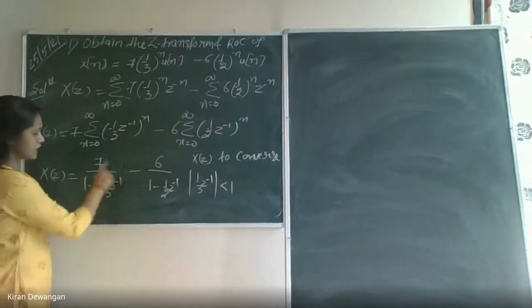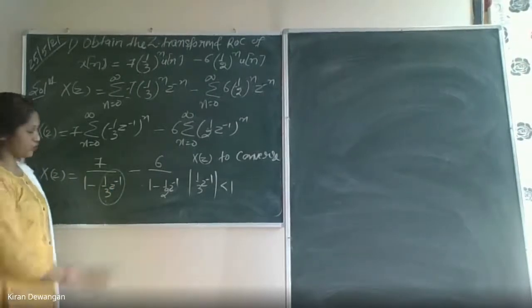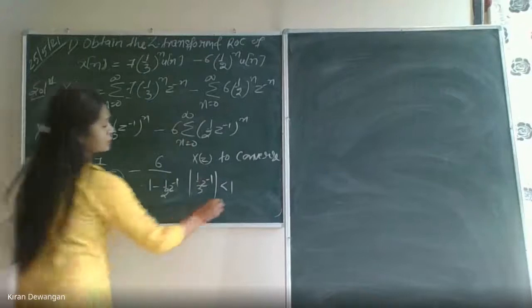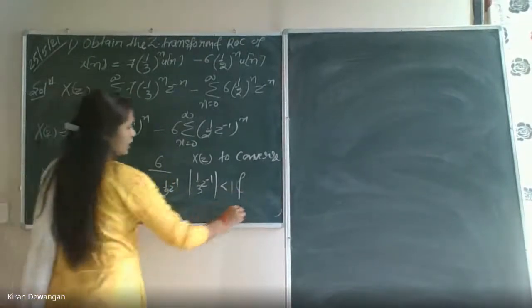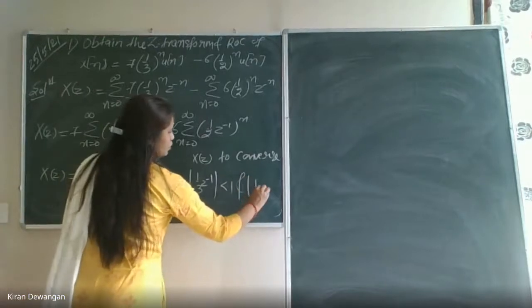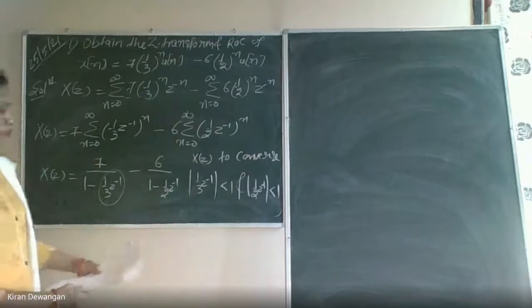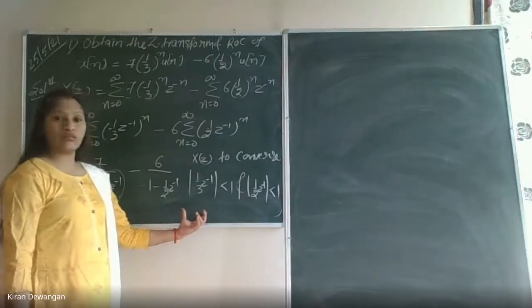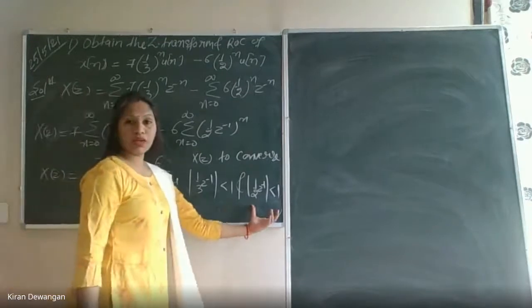And मतलब ये भी होना चाहिए, mod of 1 by 2 z to the power minus 1 should also be less than 1. That means both the things should be followed. This should be less than 1 and even this should be less than 1.